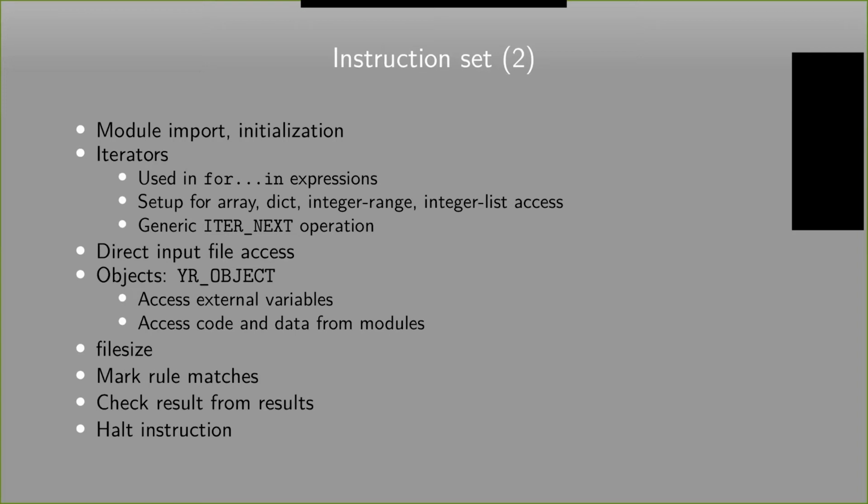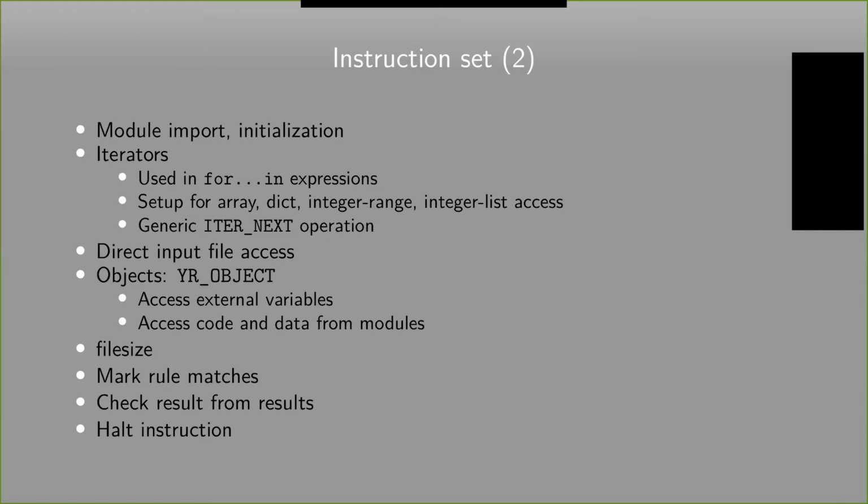Of course, we can access the input file directly, as we have seen with the famous lookup for MZ to check if the file at hand might be a PE executable. And then there are external variables that are provided by modules, and we can even call into functions that are defined within the modules.